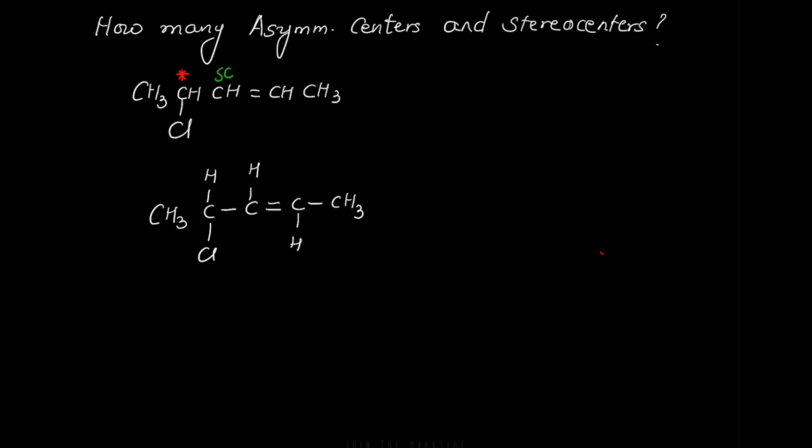I'm going to write it as stereocenter, and this is also a stereocenter. So we know that the asymmetric centers are also stereocenters. So basically there are 3 stereocenters, out of which one is an asymmetric center. Okay, with 1 asymmetric center.